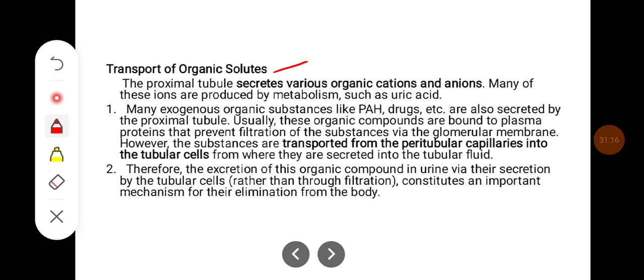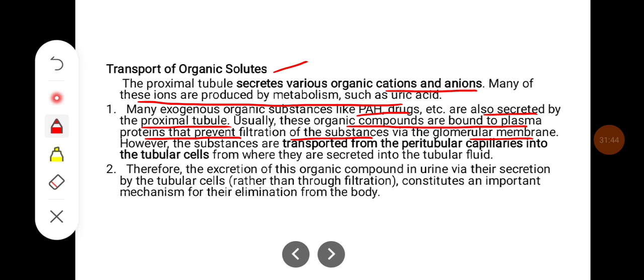Transport of organic solutes. The proximal tubule secretes various organic cations and anions. Many of these ions are produced by metabolism, such as uric acid. Many exogenous organic substances like PAH are also secreted by the proximal tubule. Usually, these organic compounds are bound to plasma proteins that prevent filtration of the substances via the glomerular membrane.